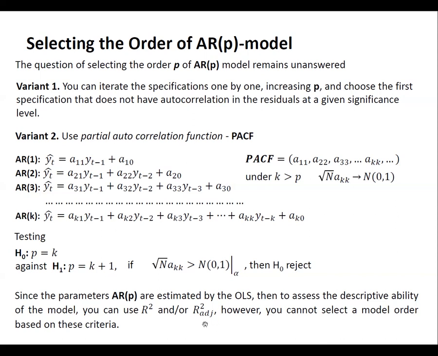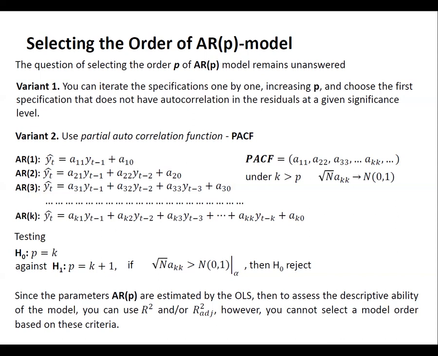Just as it is not recommended to choose the order based on the t-statistic, that is, if you immediately included everything in the AR3 model and just looked at the significance of the coefficients by the test statistic, then you may experience overfitting.